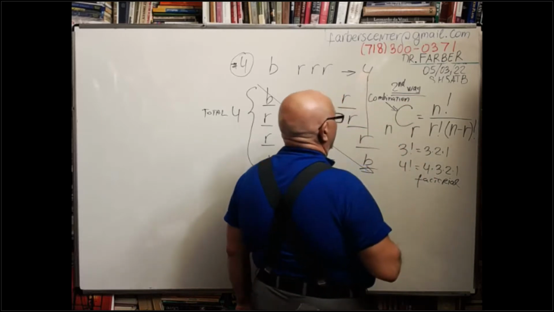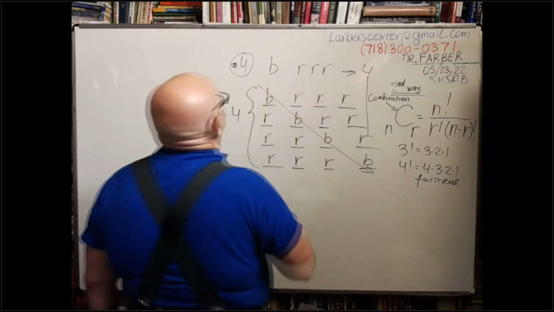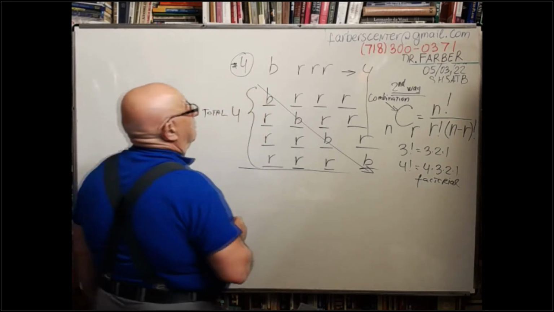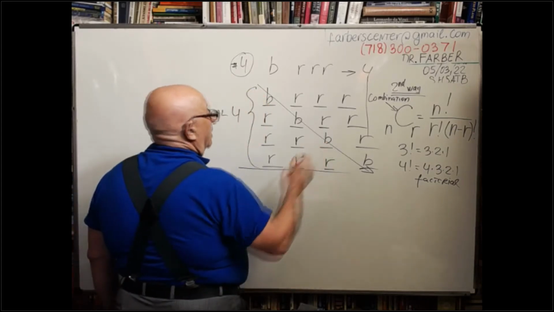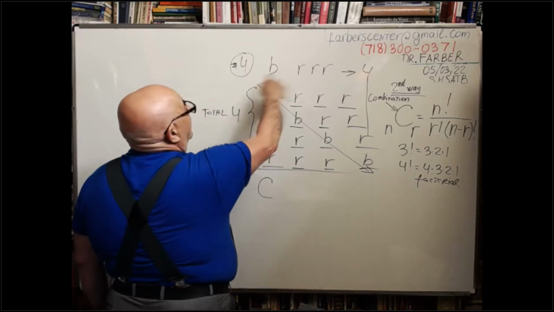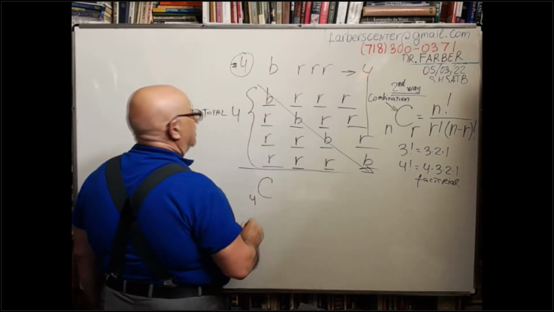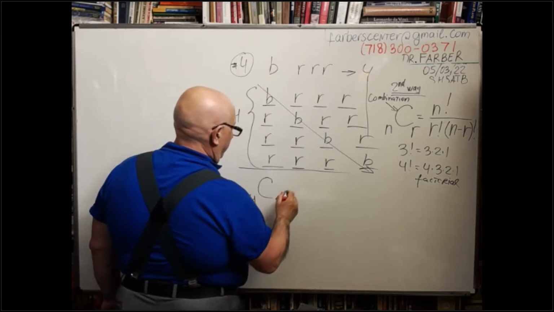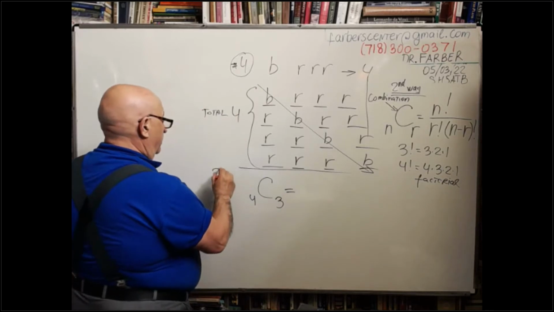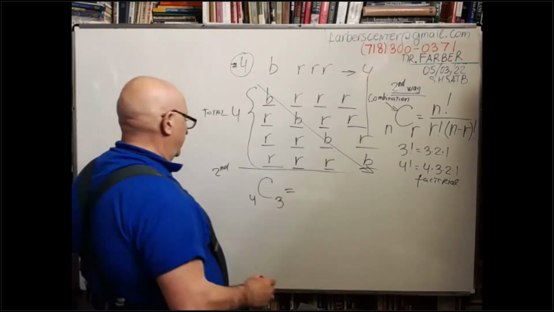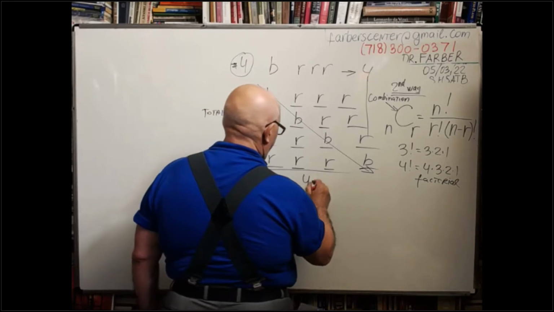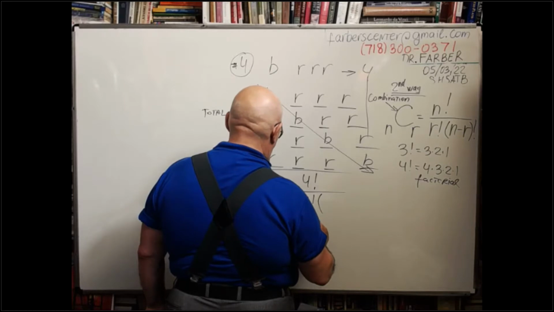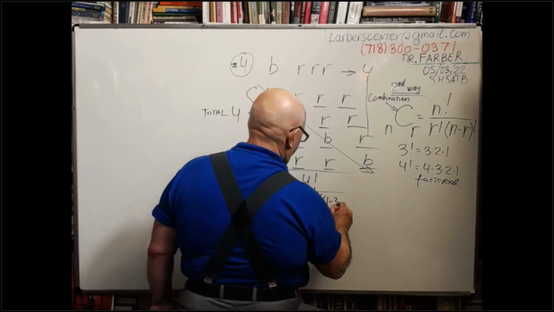How to apply this combination formula? We have a combination from 4 elements grouped by 3. Just plug into the formula: 4 factorial divided by 3 factorial multiplied by 4 minus 3 factorial.